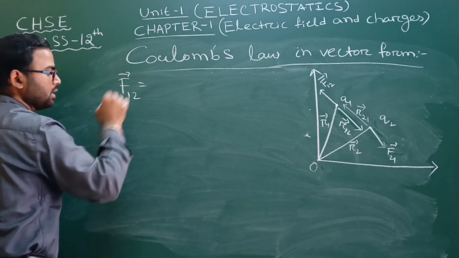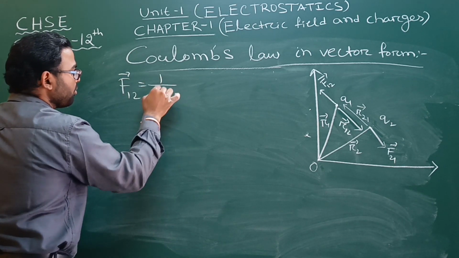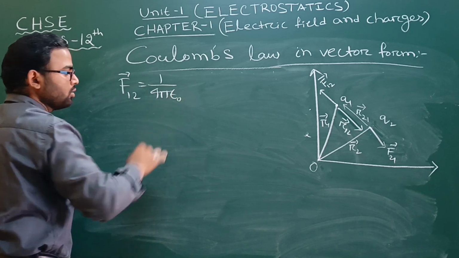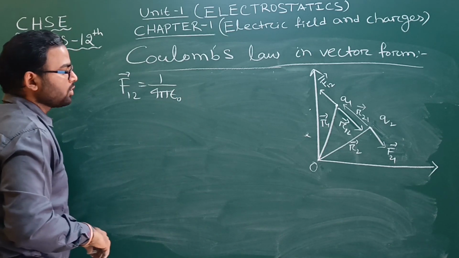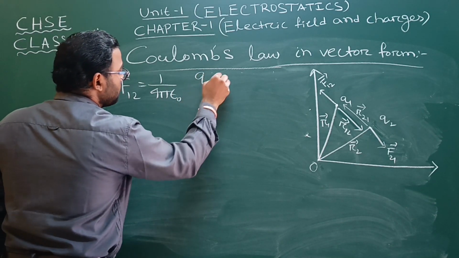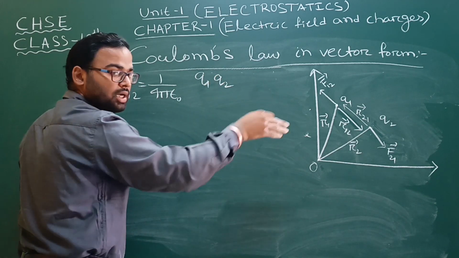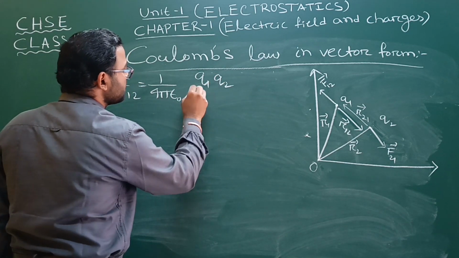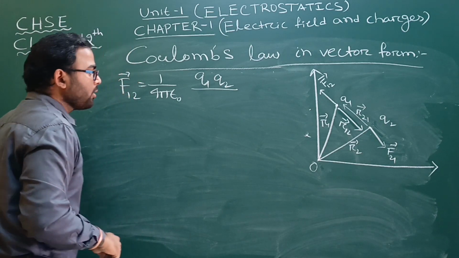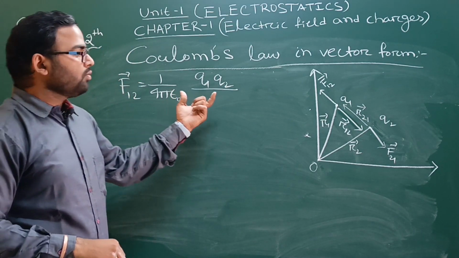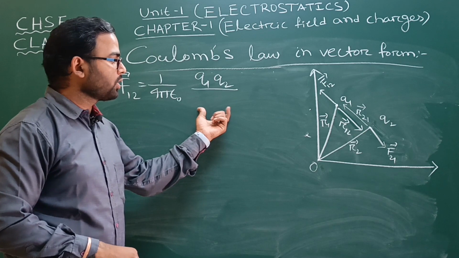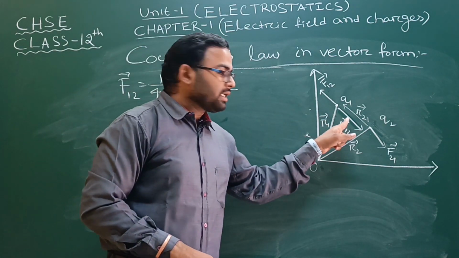F12 vector is equal to 1 by 4 pi epsilon naught, which is the constant of Coulomb's law. Then q1, q2, because there are two charges separated by a small distance, q1, q2 by, what will be the distance here?